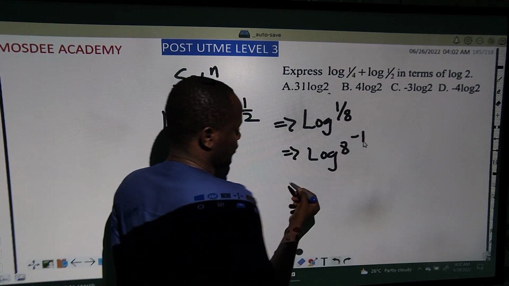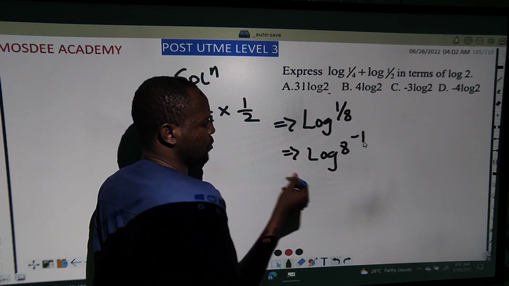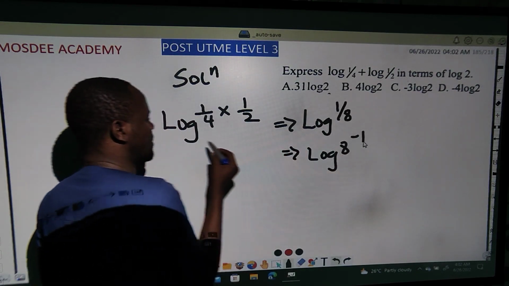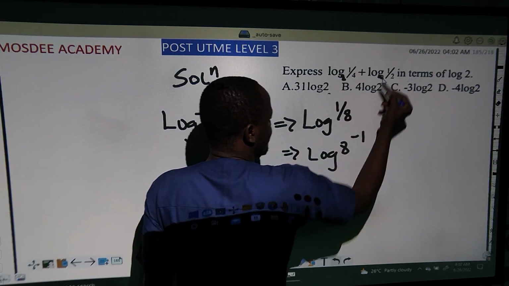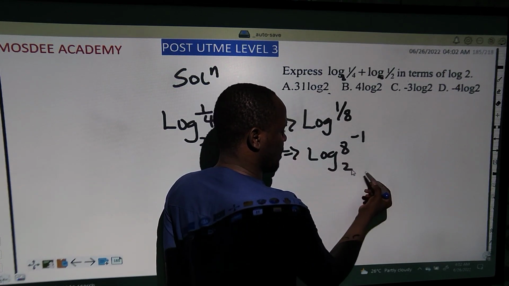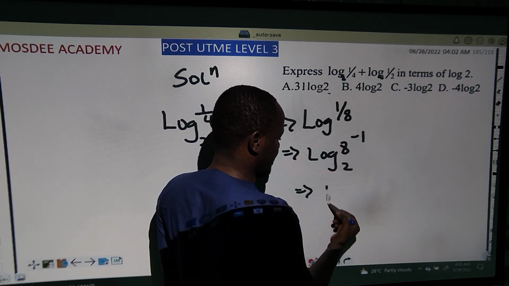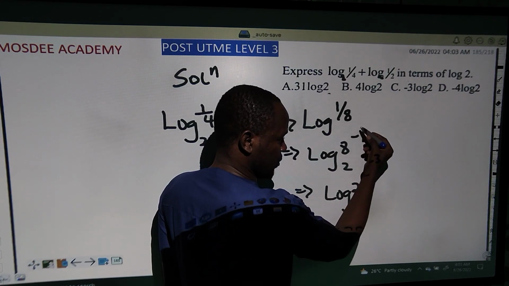Indices. So how we want to express it in terms of log 2, that's the problem. I don't know, maybe this is in base 2, I mean, the base. That would be another thing we need to keep in mind. If it is in base 2, I'm guessing now, it is easy to solve by saying log 2 raised to power negative 3, because of the minus there.